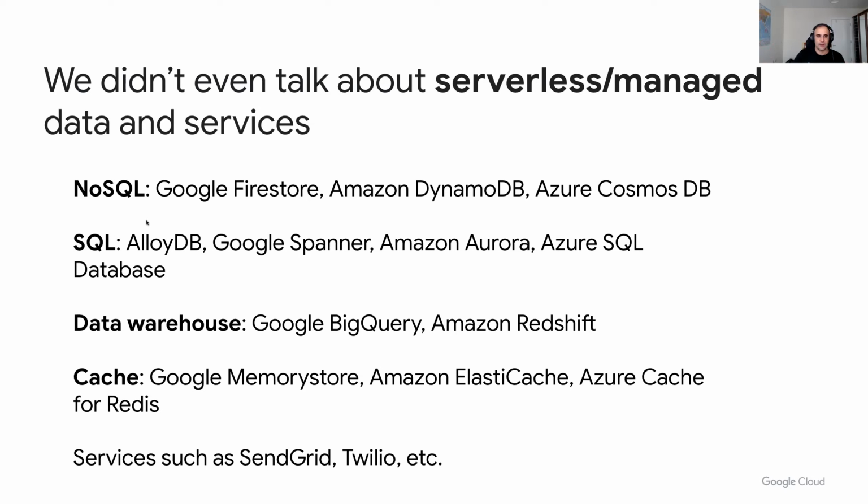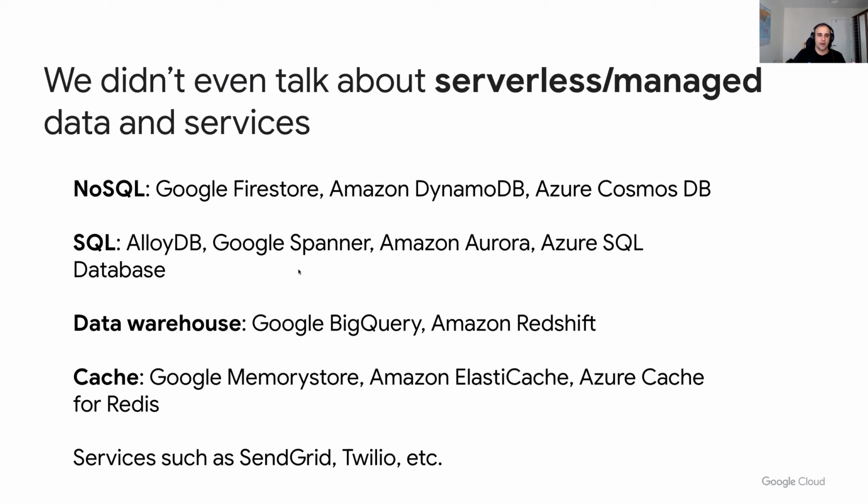So there's NoSQL databases like Firestore, DynamoDB. There's SQL databases that are not truly serverless in the sense that you still need to think about them as units, and you need to kind of think about the capacity in Spanner, for example, a little bit. So it's not truly serverless, but they get close enough that it's worth thinking about them.